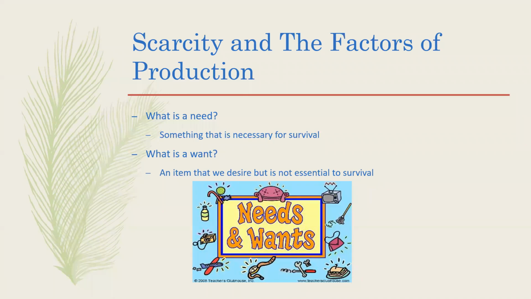I feel like you're going to be seeing this word for the next few weeks. It's going to keep popping up. You're going to understand why we can't have everything. So we say a need is something that is necessary for survival, and a want is a desire, but is not essential to survival.